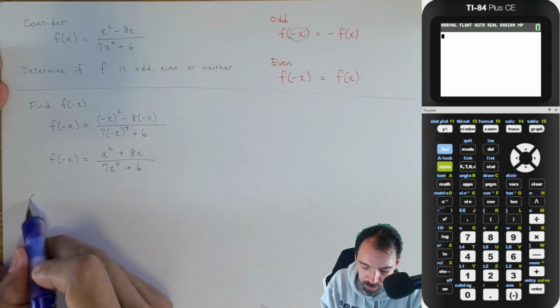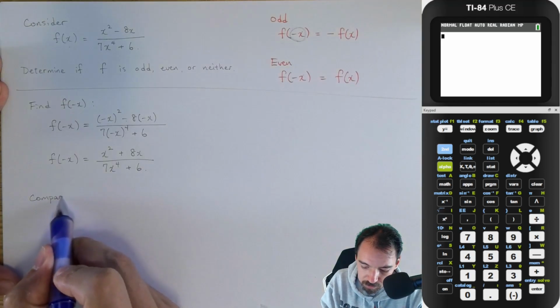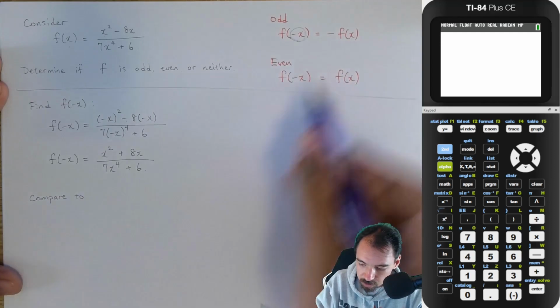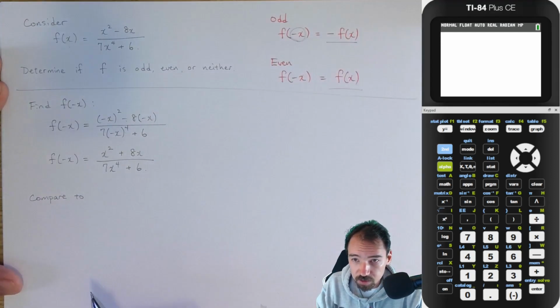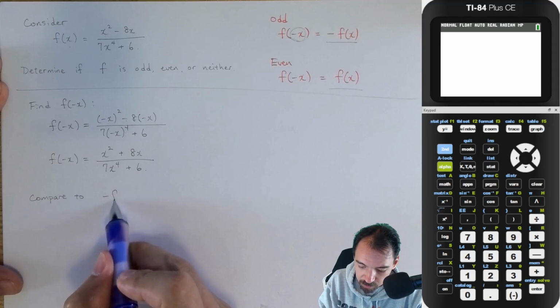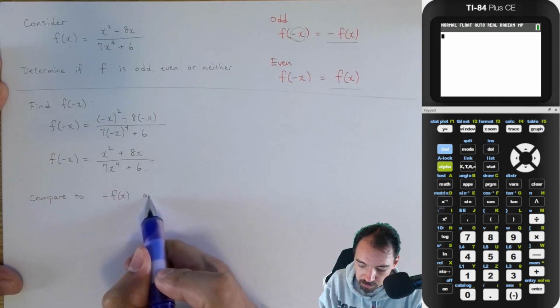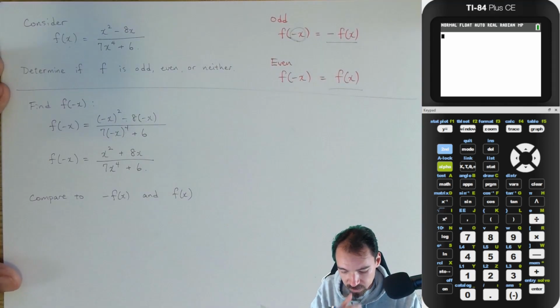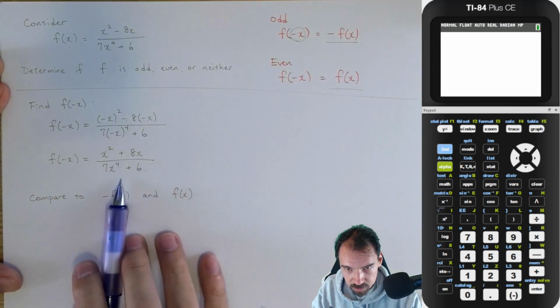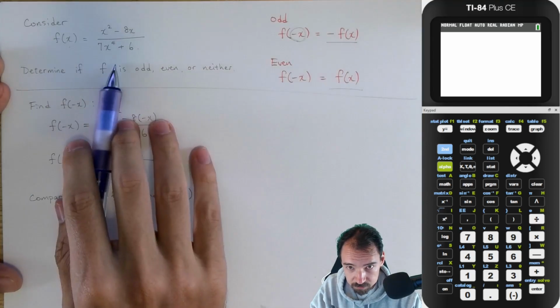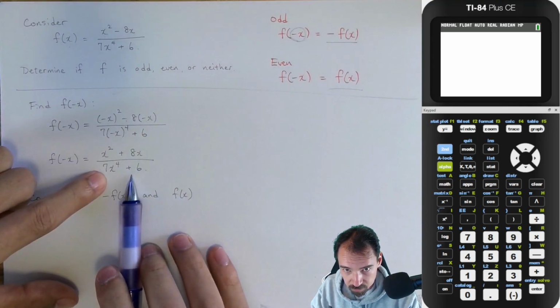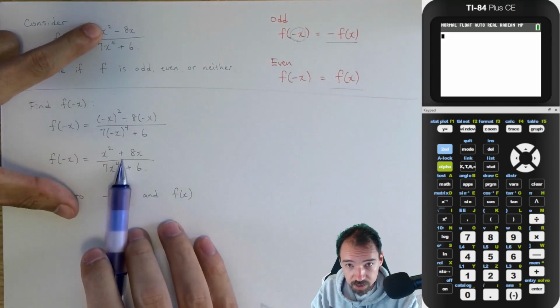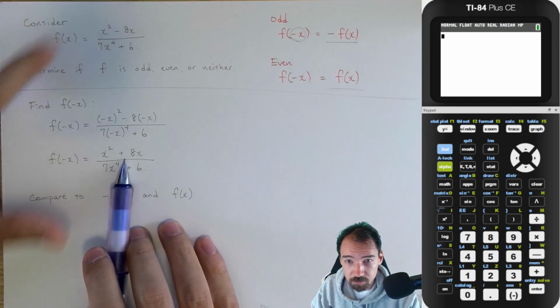Now I want to compare to these things over here. I want to compare to negative f of x and regular f of x. So we can see that this is clearly not the same as that, right? Because the bottom is the same, but the numerator, I've got a negative up top and a positive down here.